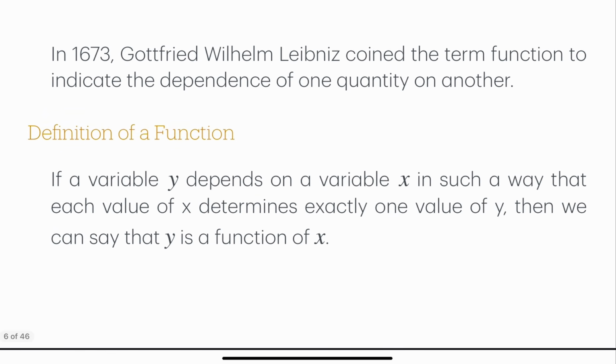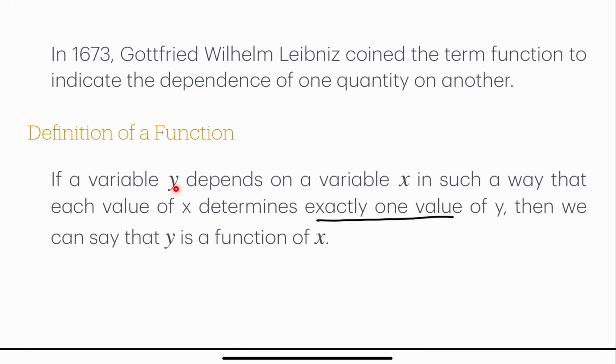So by definition, if a variable y depends on a variable x in such a way that each value of x determines exactly one value of y, then we can say that y is a function of x. Let me repeat that.